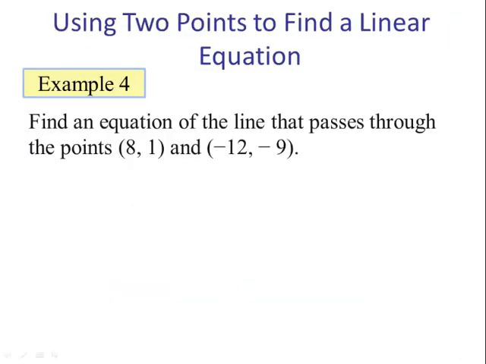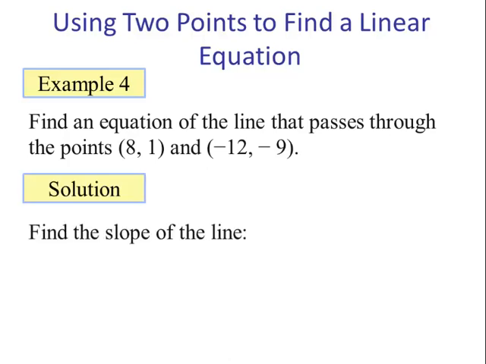Example 4. Find the equation of the line that passes through the points 8, 1 and negative 12, negative 9. Solution. We first find the slope of the line. So using the slope formula, again I'm going to let negative 9 be my y2. This is my x sub 2. This is my y1.